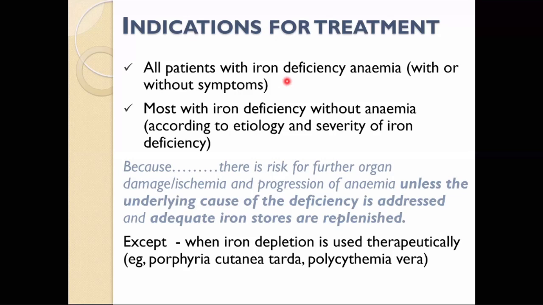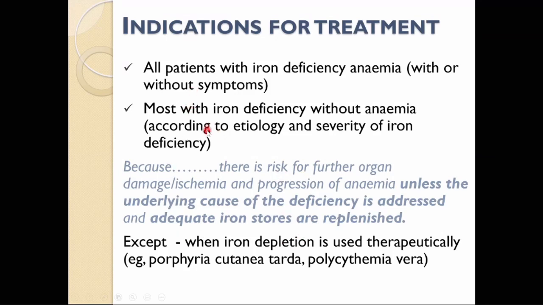Why do we correct even without symptoms, even without overt anemia? Because if you let it progress, they can develop symptoms and they can even develop organ damage or ischemia. And unless adequate iron stores are replenished, this is not going to correct on its own.